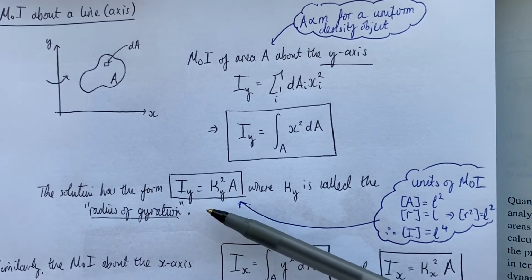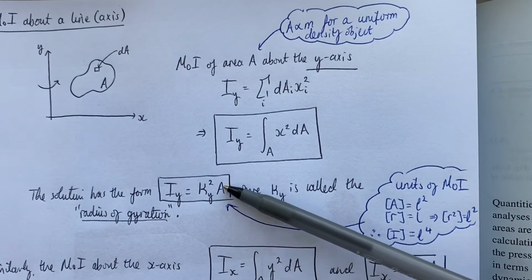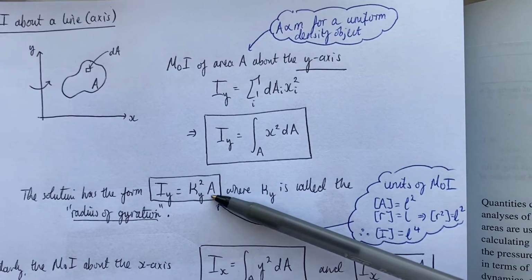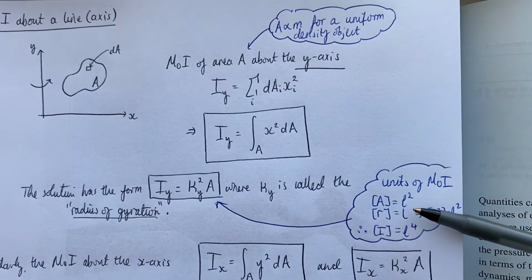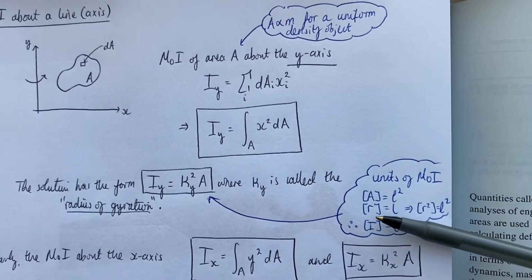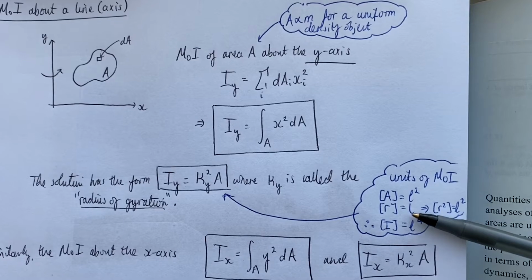So let's have a quick look at this solution form. Well, the units for moments of inertia, if we do some dimensional analysis on these two components here: area obviously has units L squared, and a radius is going to have units L, right, because it's another distance.